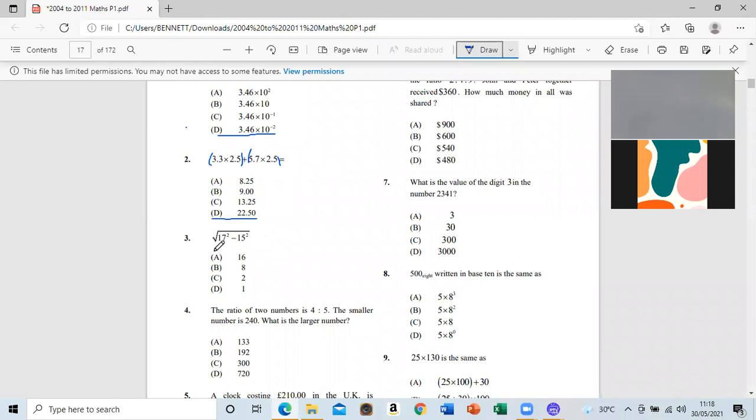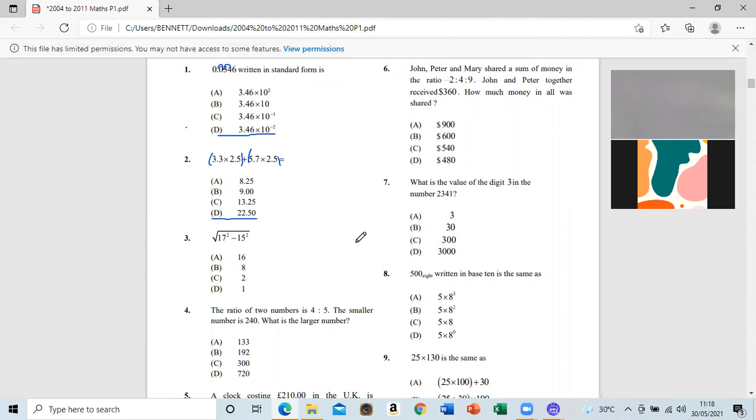Number 3, 17 squared minus 15 squared all under the square root. What would be the answer for that? Sir, B. 8, right? Remember, this is a trig thing.